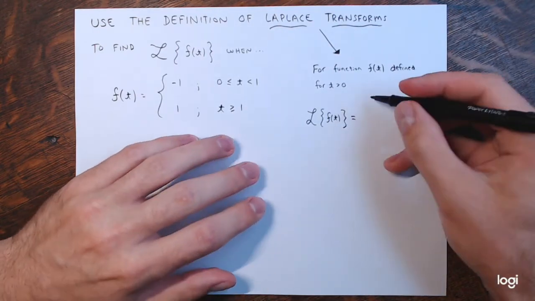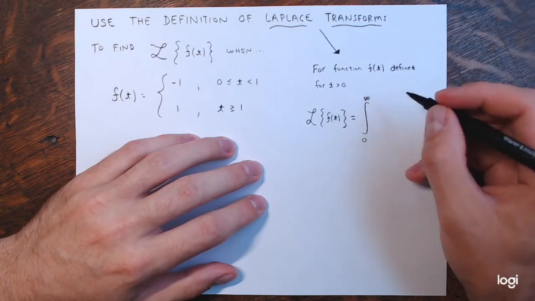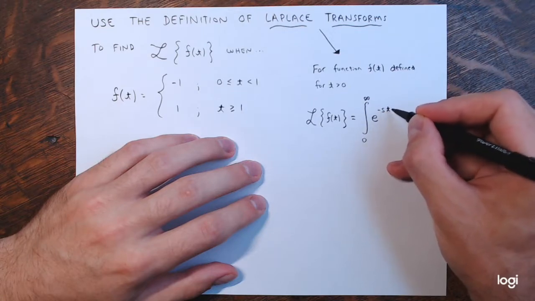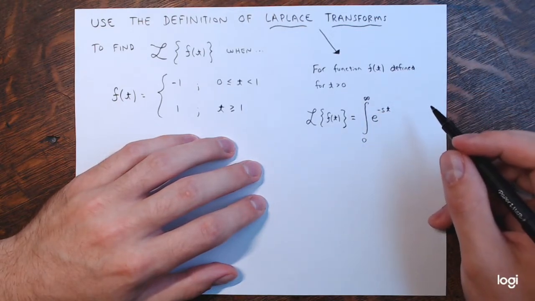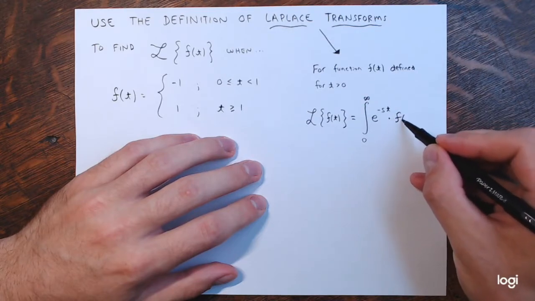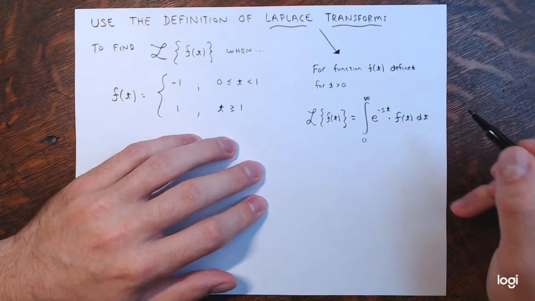Right? The integral from 0 to infinity of e to the negative st, that's the variable s introduced here, times the function f of t, and you're integrating with respect to t.